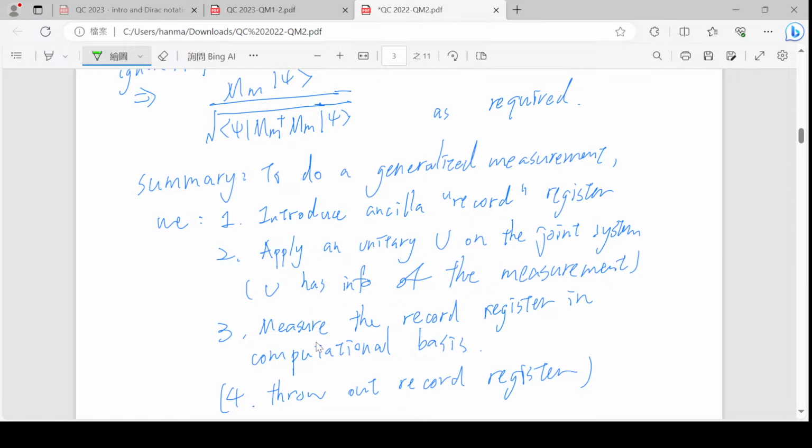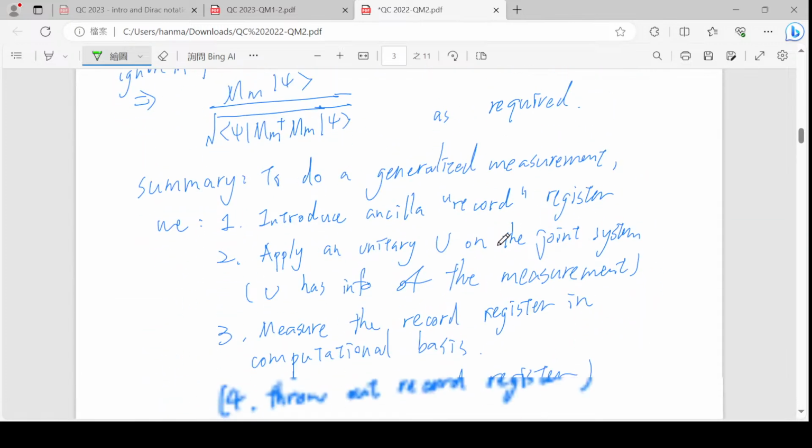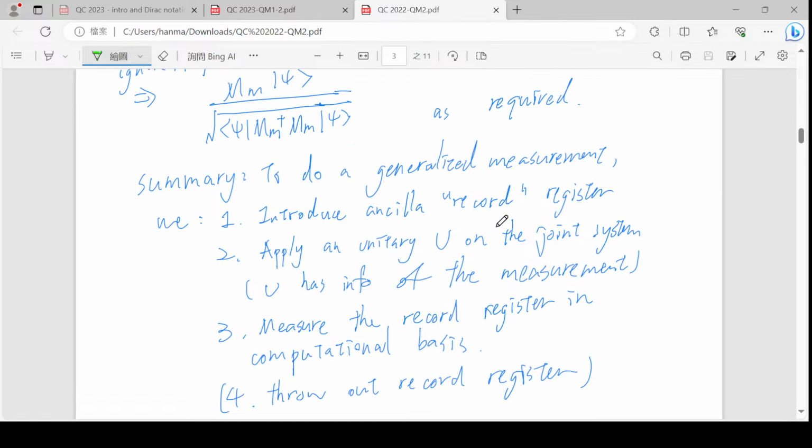Then you measure the record register in the computational basis. You either ignore or throw out the record register, and you will see that on your original register, you have done your generalized measurement. Okay. So any question about this theorem? If not, we will go back to more information theory.